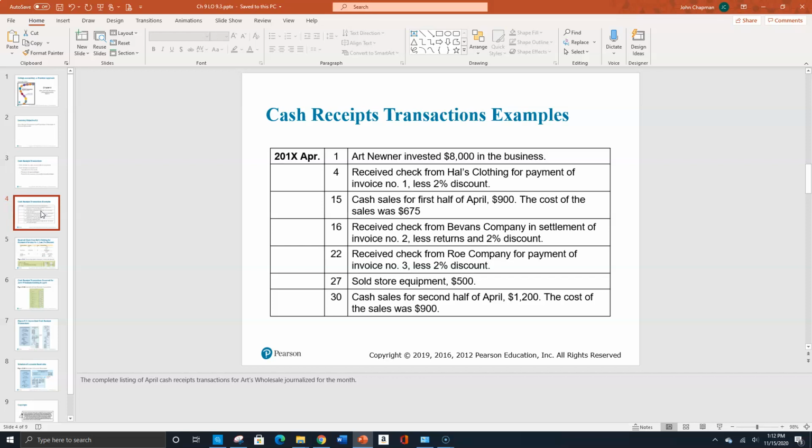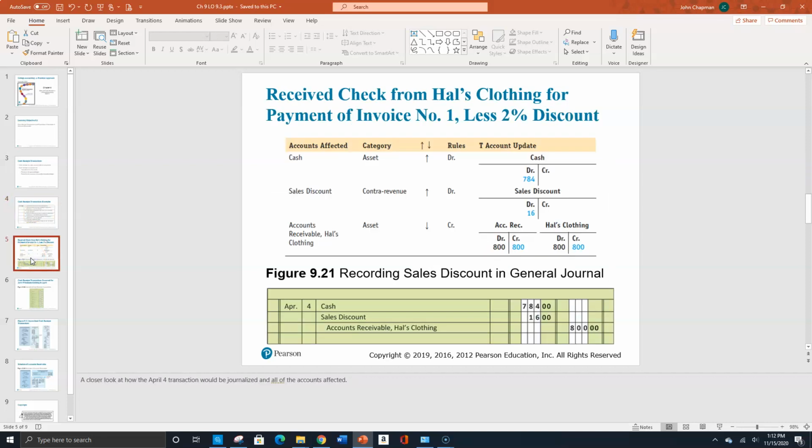Okay, so here are some transaction examples. Art Nooner invested $8,000 in the business. So we are going to debit cash, increase cash, $784. There was a discount of 2%. So he takes 2% of $800, which is $16, a contra revenue account. And we are crediting accounts receivable and the accounts receivable subsidiary ledger for that $800.